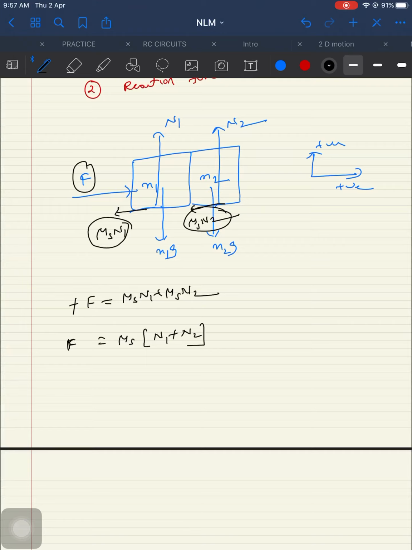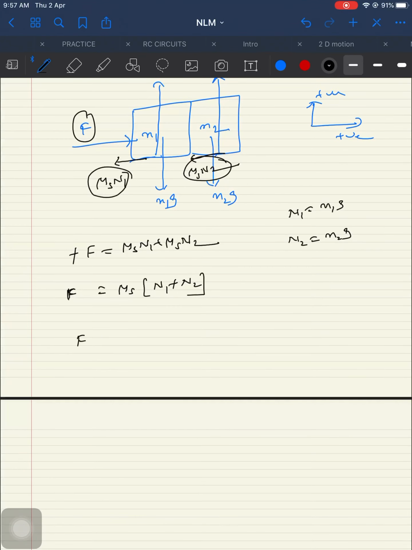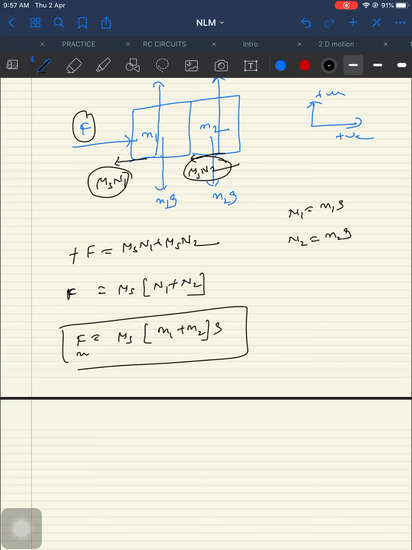This equals the applied force. Now n1 is equal to m1 g and n2 is equal to m2 g. So the applied force F is equal to mu s into (m1 plus m2) into g. This is the minimum force required to move the blocks.